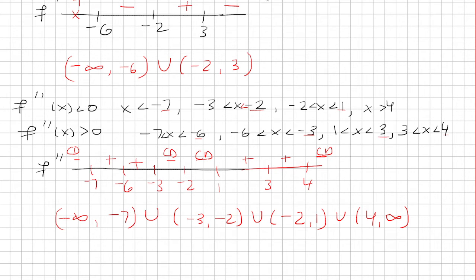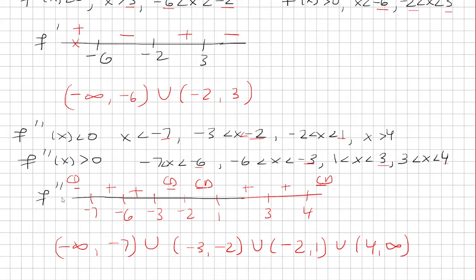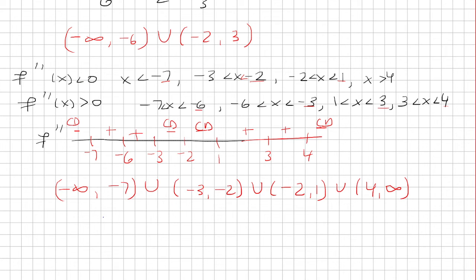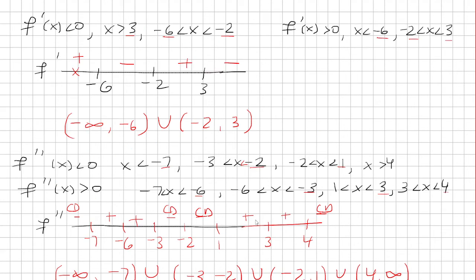Finally, we want to sketch a graph of f. Now this one's a bit tricky because you want to take advantage of the first derivative and the second derivative number lines. I think the easiest way to do this is to combine both of these. Let's first see what points they don't have in common.